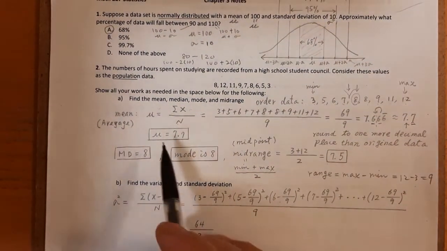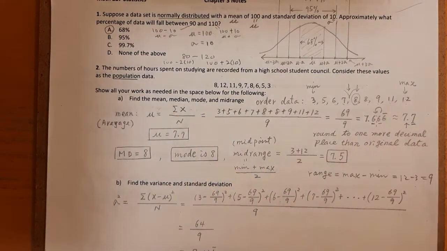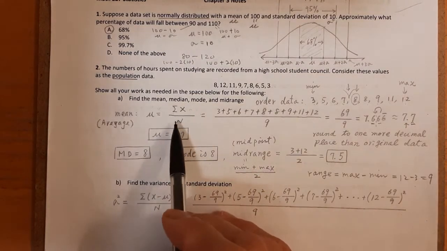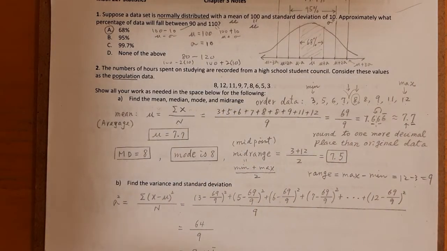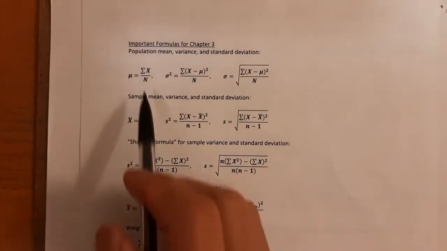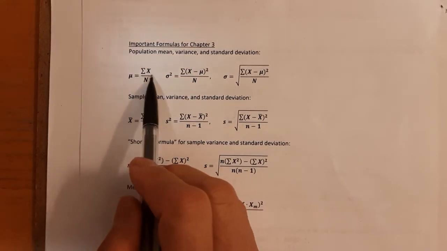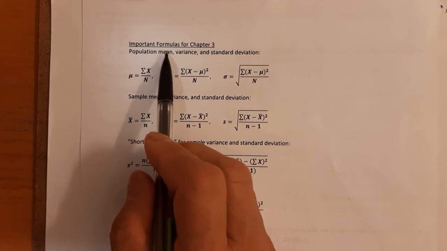So this is the mean formula, the summation of the data divided by the number of the data. Formula is the summation of x over n. That's the mean formula.